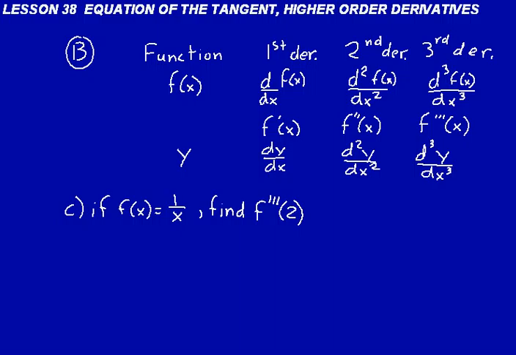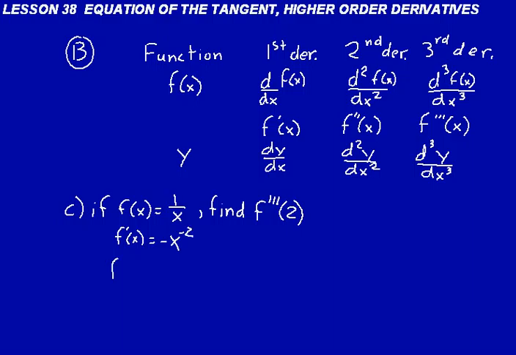Let's go ahead and do some practice problems now. In this one it says if f of x equals 1 over x, find f triple prime of 2. What I like to do is just do these in order. Find f prime of x first, and we can think of 1 over x as x to the minus 1, so that would just be minus x to the minus 2.